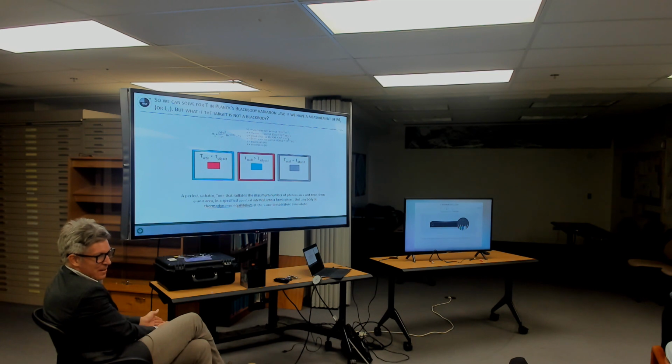Right? Another kind of half-assed definition of a black body that you occasionally see: a perfect radiator is one that radiates the maximum number of photons in unit time from a unit area in a specified spectral interval into a hemisphere that any body at thermodynamic equilibrium at the same temperature can radiate. So thermodynamic equilibrium means no change, right? Or no net change.